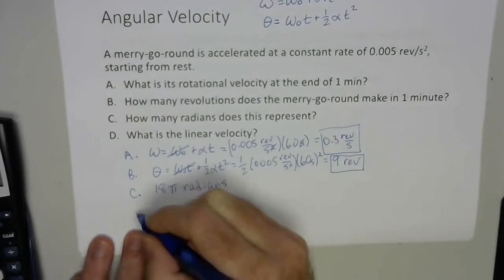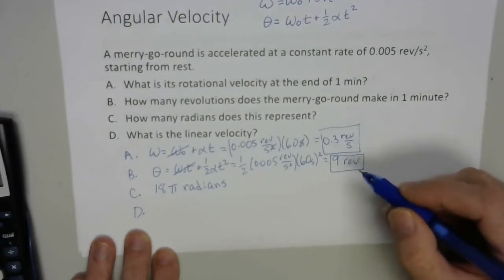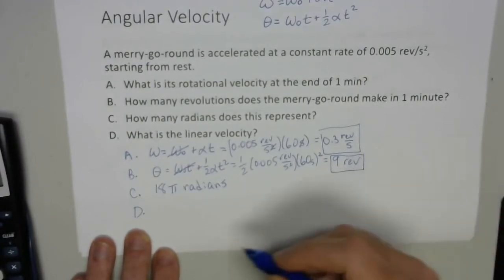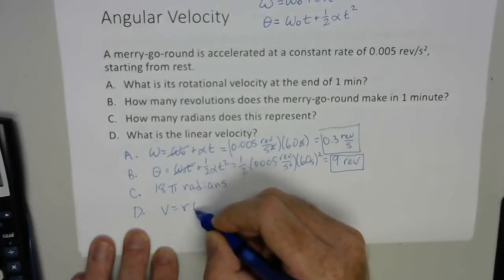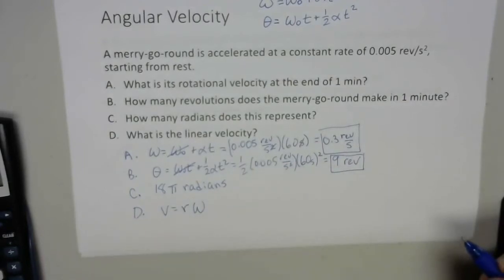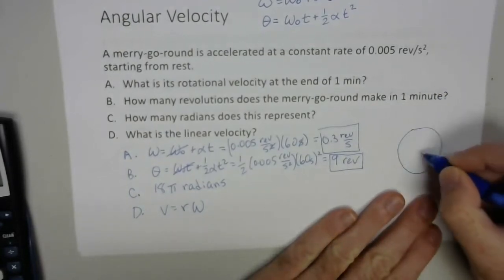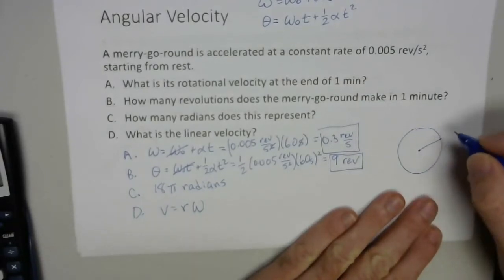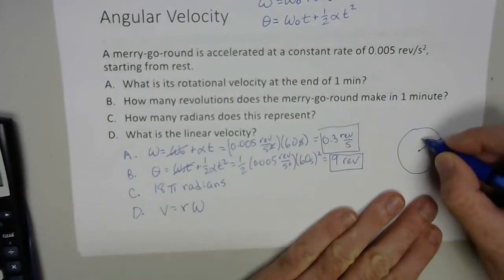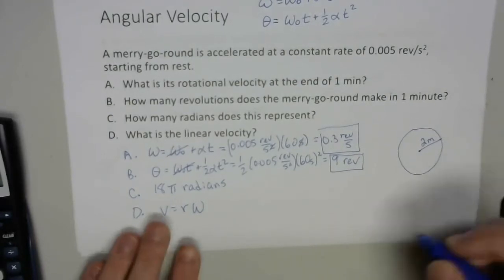Now the last part, part D, we want to know the linear velocity. If this is the angular velocity, what's the linear velocity? The linear velocity is equal to the radius times the angular velocity. So you'd need to know the radius of the circle. We'll say that for our purposes, the radius is 2 meters, just so we have a radius to use.